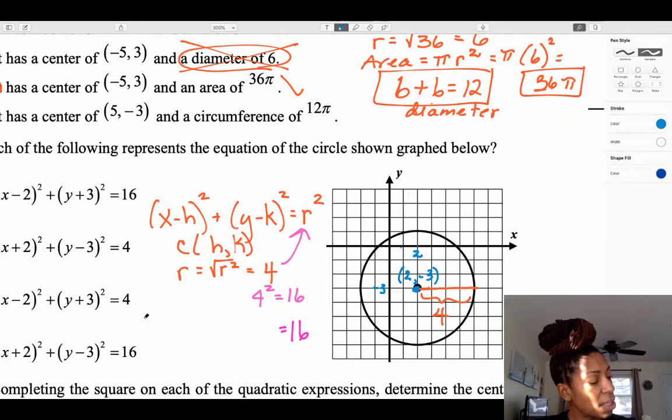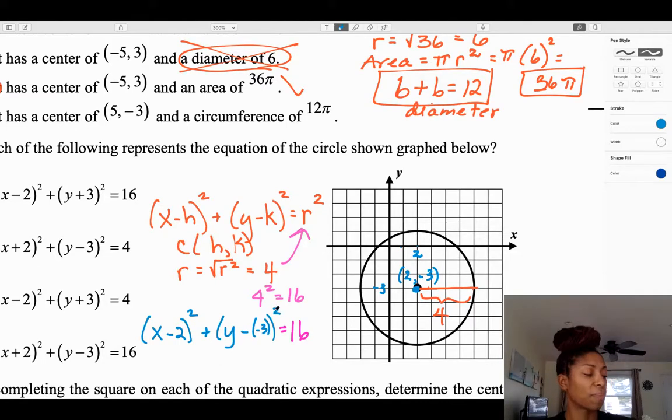So I'll plug that in. (x - 2) squared plus (y - negative 3) squared.